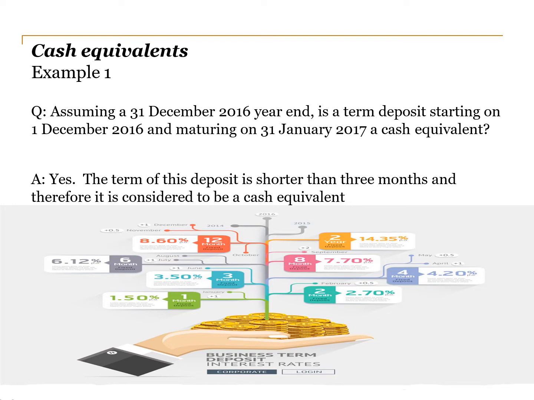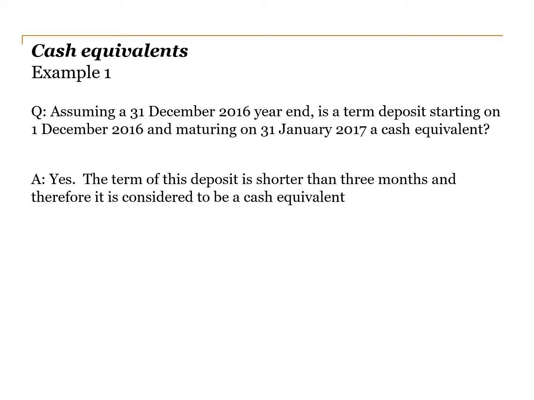You can see below all the term deposits examples we can have with different maturities, with different interest rates. Accordingly, based on each original maturity, the classification will be based. For those with original maturities of less than 3 months, obviously the classification will be part of cash and cash equivalent.